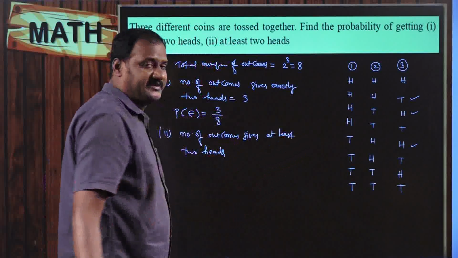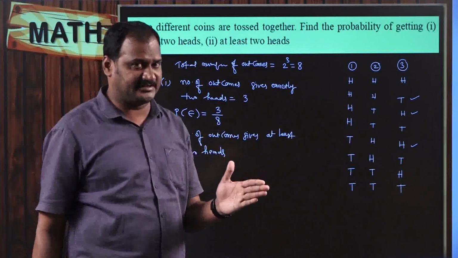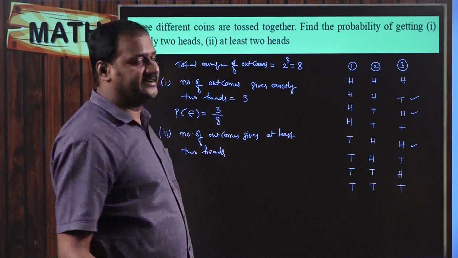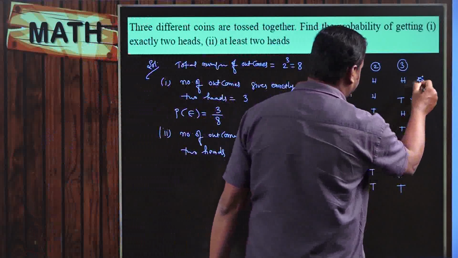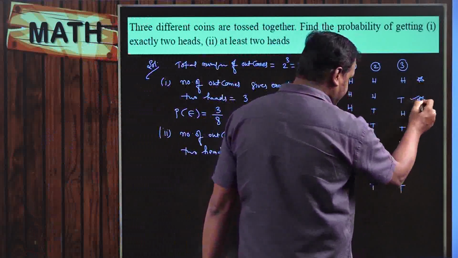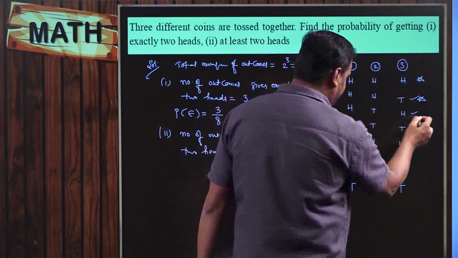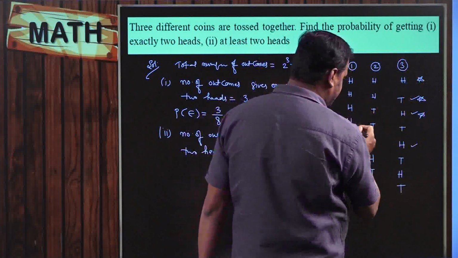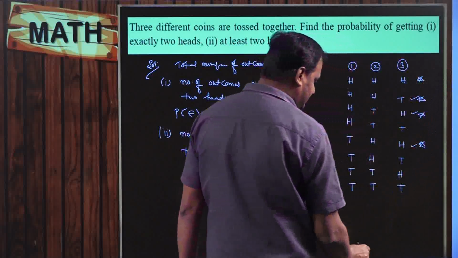At least 2 heads means 2 or more than 2 heads, but it should not be less than 2 heads. So, where can you find at least 2 heads? See here, at least 2 heads, and here at least 2 heads, because there are 3 heads, which means more than 2, and here also 2 heads. Here only one head we should not consider.